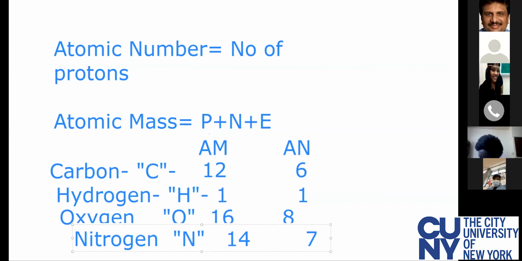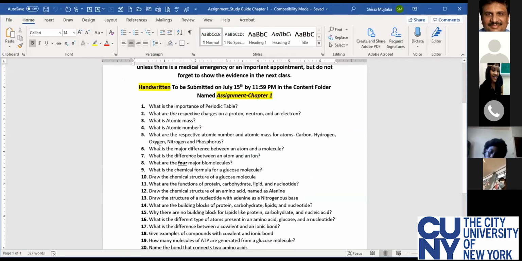For phosphorus, the atomic mass is 30, and the atomic number is 15. So I'm writing here carbon, hydrogen, oxygen, nitrogen, phosphorus, atomic mass 30, and atomic number 15. So this takes care of, I believe, the 5th question.